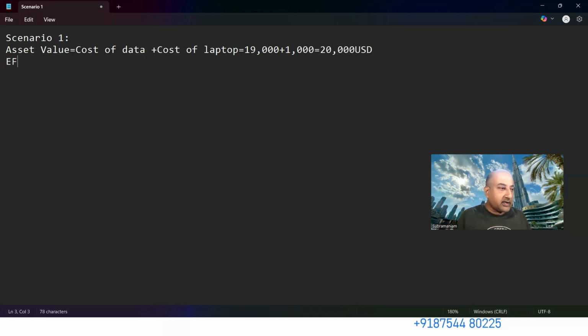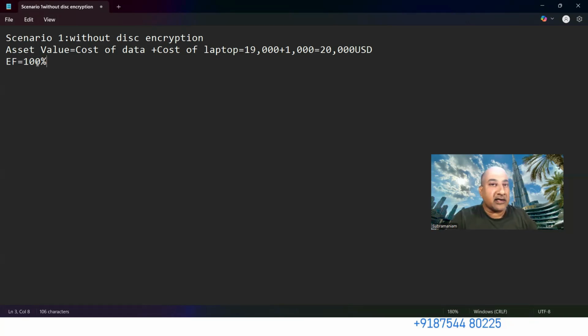Exposure factor. Scenario one is without disk encryption. The exposure factor is 100%. Why 100%? Because the disk encryption is not there. The data is also lost and exposed.